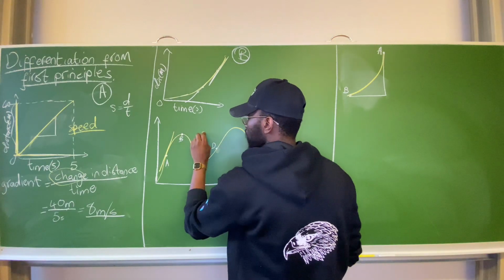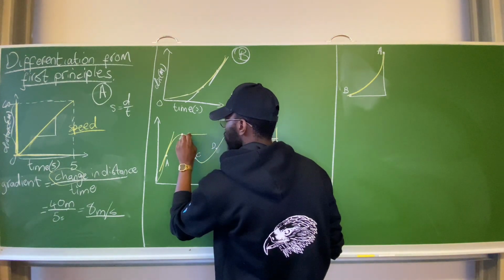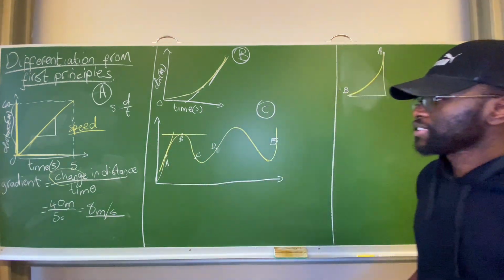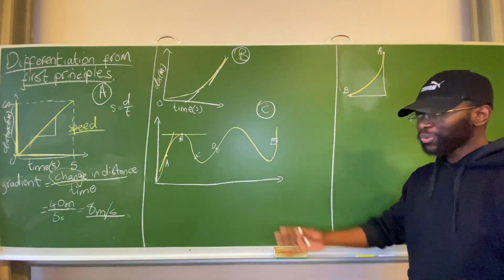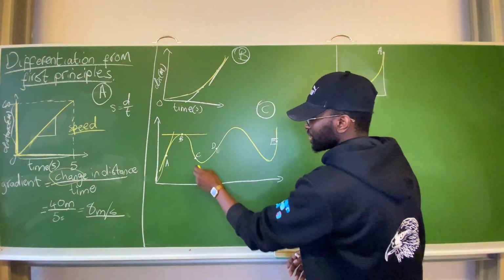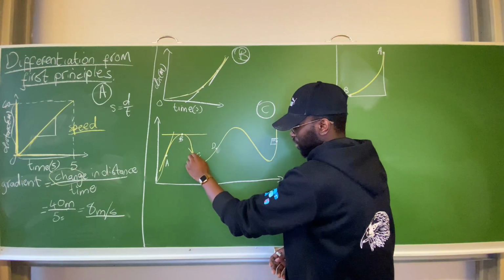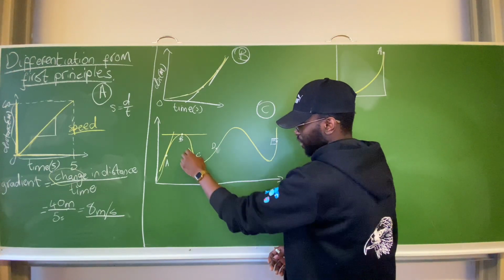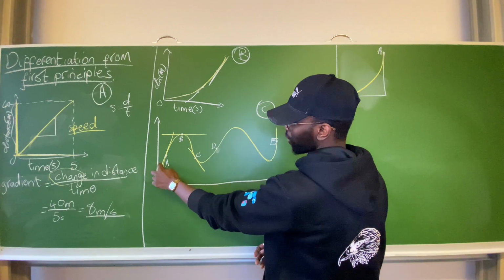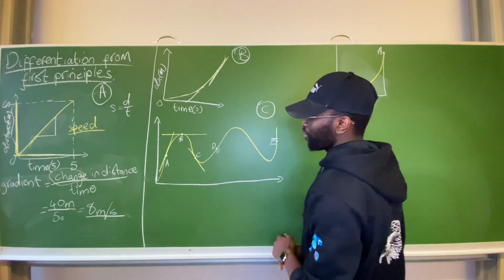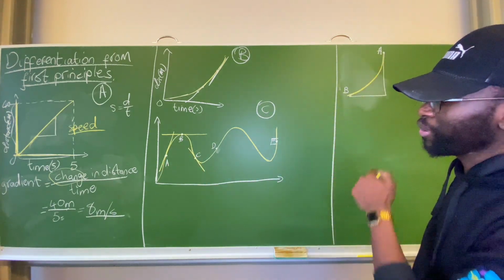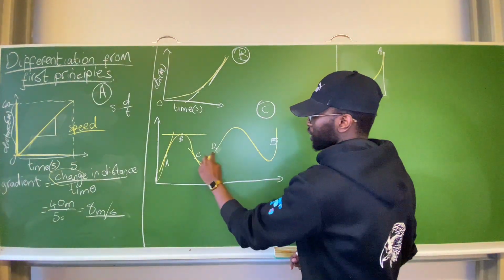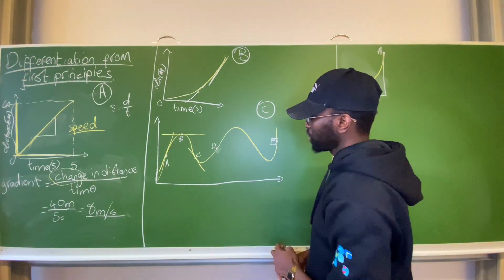At B, it must touch the curve at one point. That's basically nothing. At C, the slope is going down, so we know that this gradient will be negative.